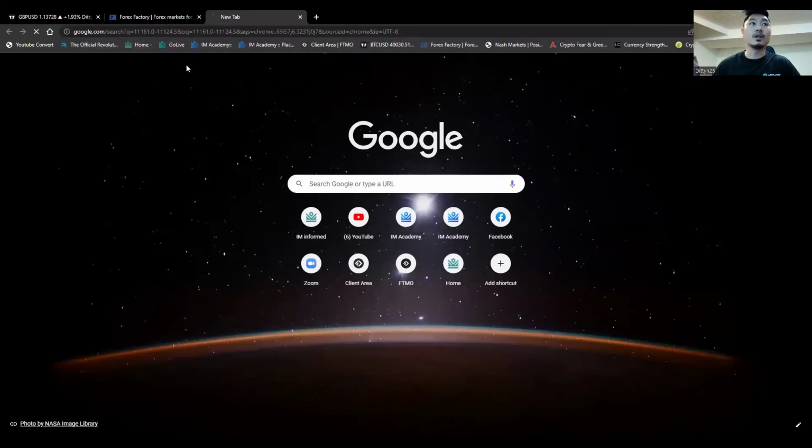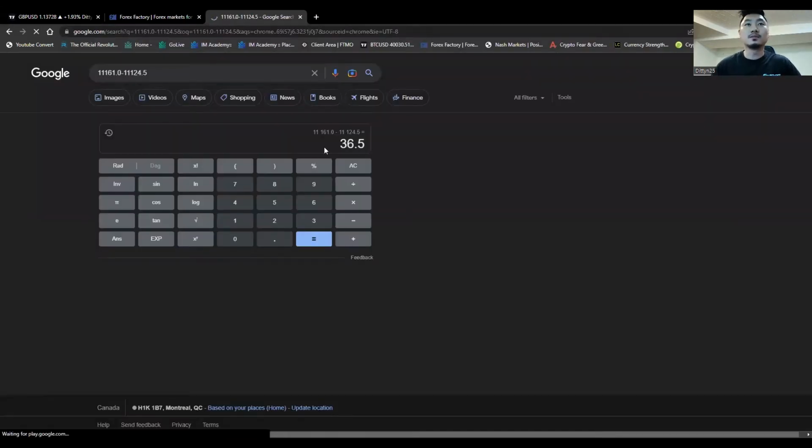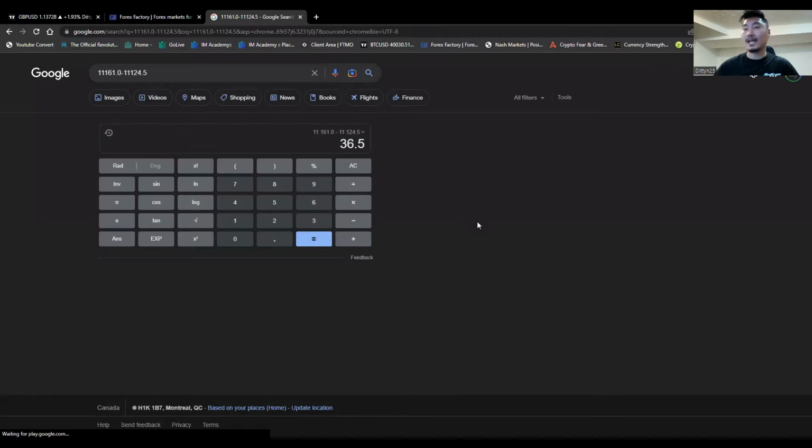24.5. There we go. And it gave me 36.5 pips that I'm risking to potentially gain, right? So what is trading is you're risking a certain amount to potentially gain at least twice, or more, right?